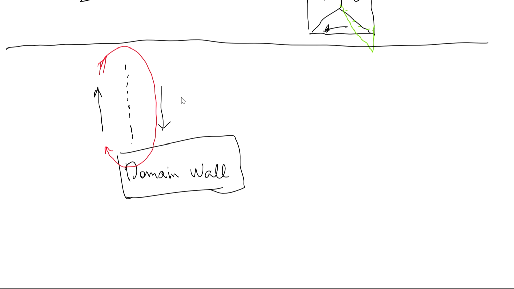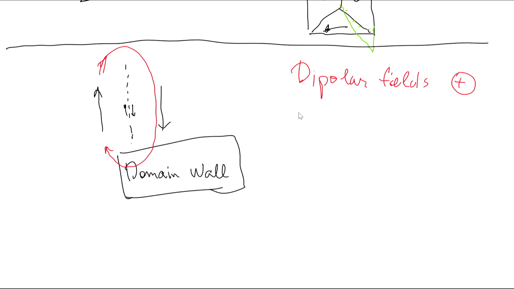So this magnetic field is favorable for this magnetization alignment. So dipolar fields basically help domains to form. On the other hand, this is a ferromagnetic material, and if you look at two atomic magnetic moments here at the boundary, if you recall, there is an exchange energy.